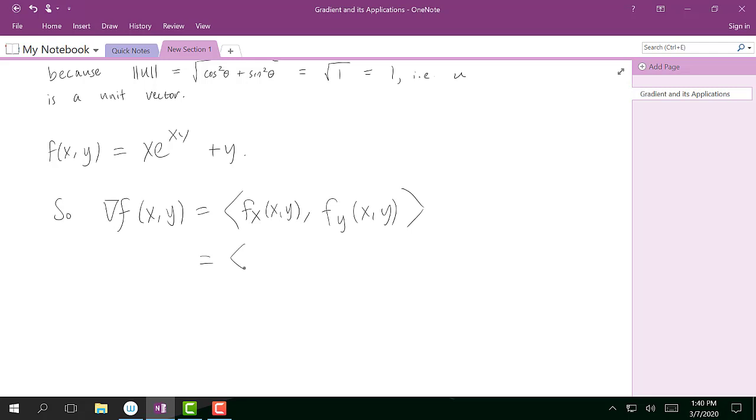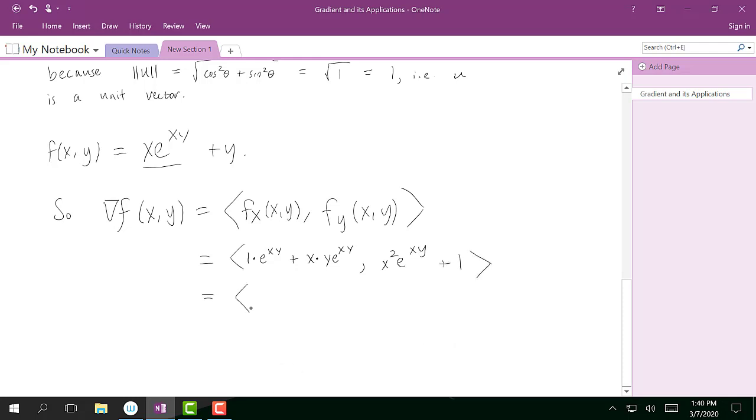So the derivative of x is 1 times e^(xy), plus x times the derivative of e^(xy) with respect to x, so we get y times e^(xy). And then the partial derivative of f with respect to y is going to be x squared e^(xy) plus 1.